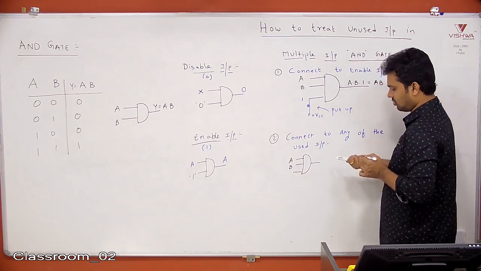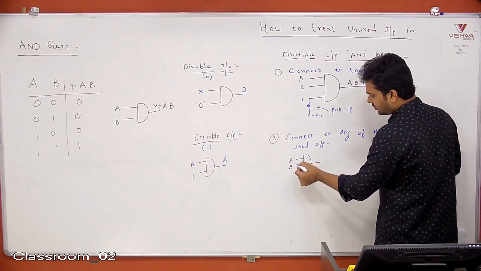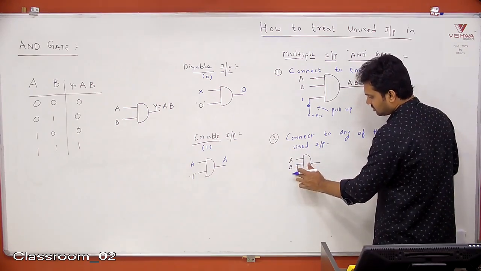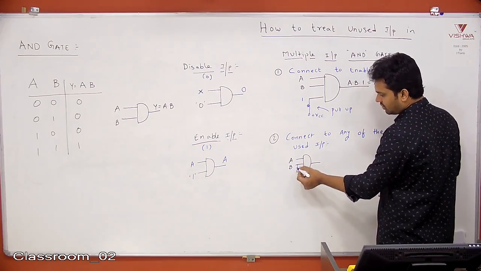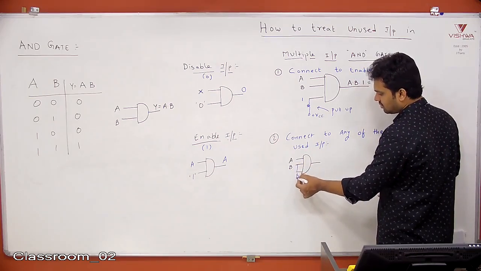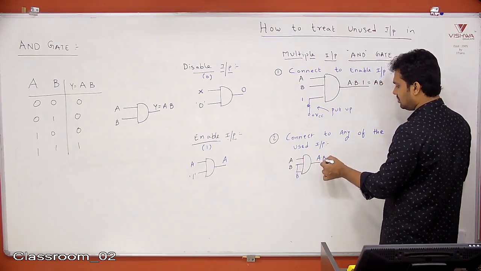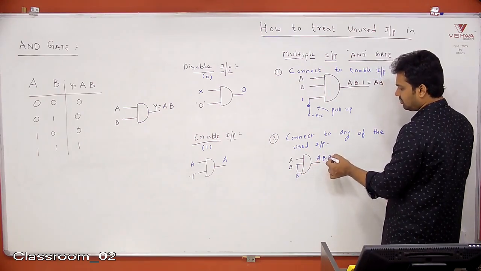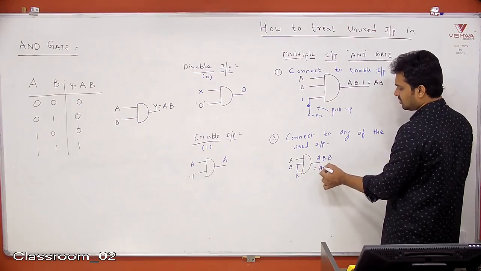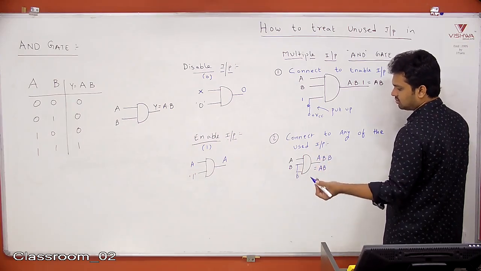Now connect it to any of the used input like this. Now if you connect it to B, what is this? A, B into B. What is the answer? AB. Right.